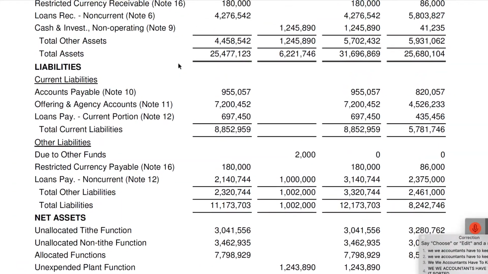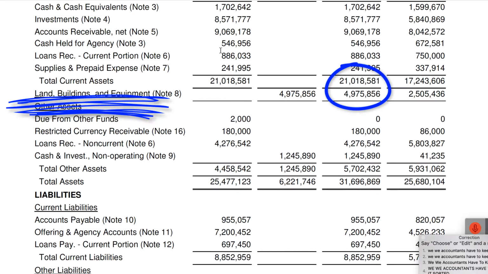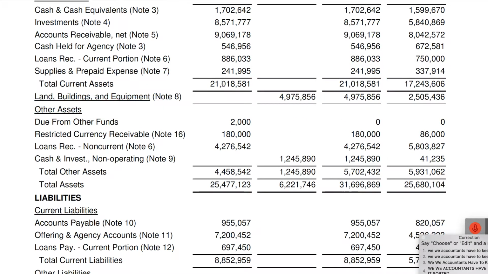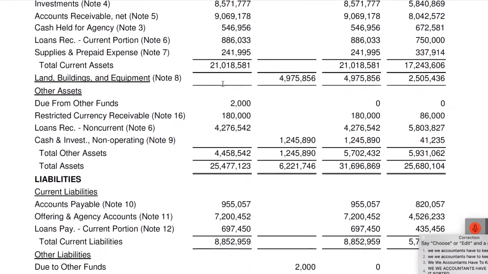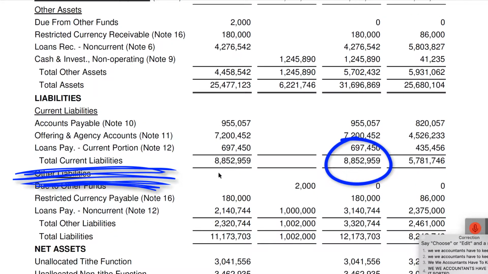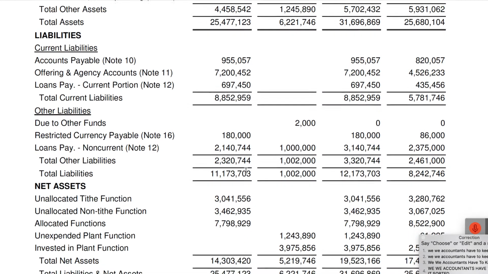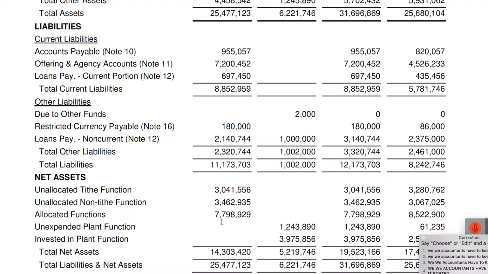We have the working capital of 21,018,581, current assets minus current liabilities, right here, of 8,852,959, and that's its working capital. Does it have enough working capital? It's supposed to have 30% of its operating income and enough to cover its allocated.